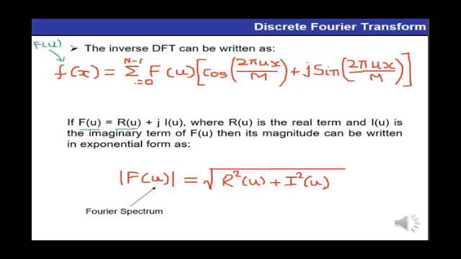So modulus F of u is equal to the square root of R of u square plus I of u square. It is called the Fourier spectrum. Remember this term, Fourier spectrum, it is very useful for you.